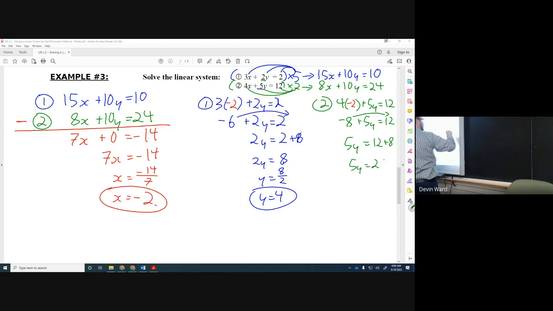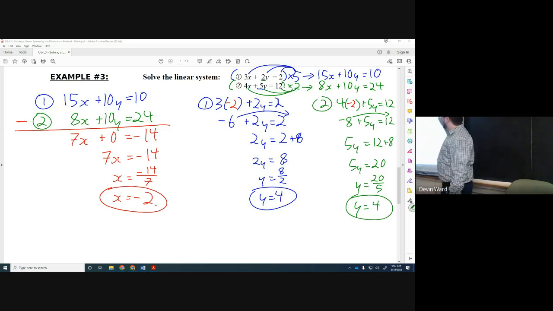So 5y is equal to 20. Isolate y, divide the other side by 5, and y is equal to 4. Okay? So whether you did equation number 1 or equation number 2, you still get y equals 4 for both of them. And the last step is to say the point of intersection is -2 and +4.